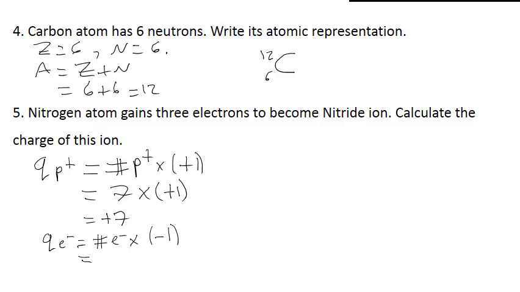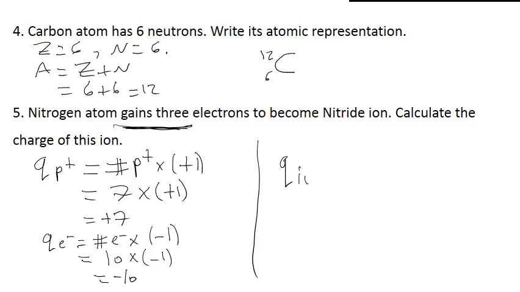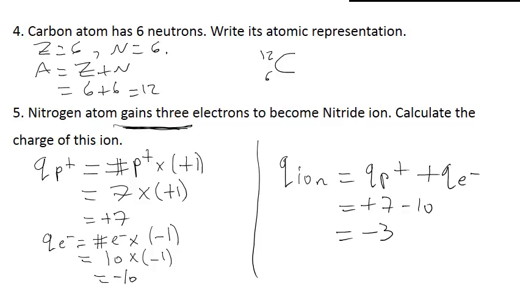Why is it 10 now? Because it gains 3. As an atom it had 7. After it gains 3, now it has 10 times minus 1 equal minus 10. How do we find the total charge of the ion? Q of protons plus Q of electrons equals minus 3. Very good.